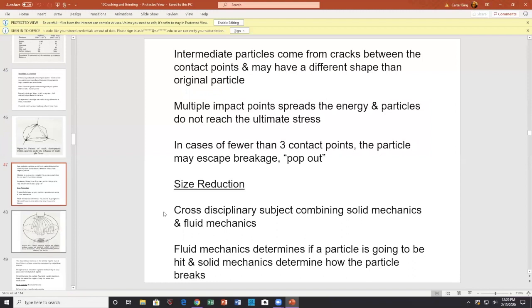Size reduction is a cross-disciplinary subject, combining solid mechanics and fluid mechanics. Fluid mechanics determines how a particle is going to be hit, and solid mechanics depends upon how a particle breaks. I suspect that breakage has focused on the solid mechanical aspects. Less attention has been paid to the fluid mechanical behavior the particles are in.